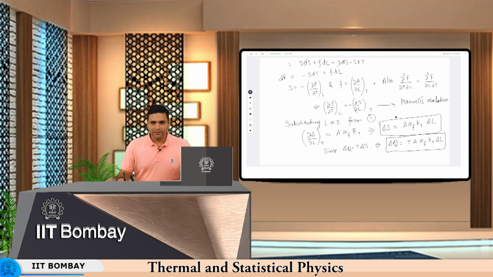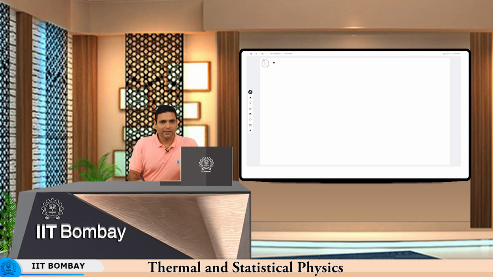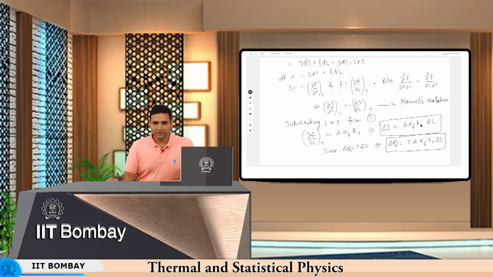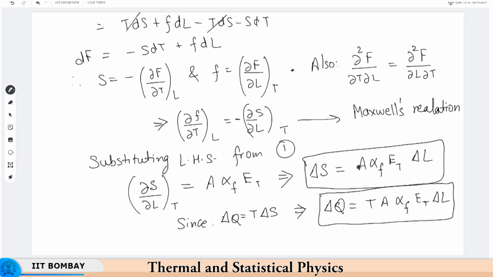Now let us see what the signs of these quantities are. Case number 1 is when alpha f is positive, and this is true for metal rods. Delta L is also positive since we are stretching the rod, E T is positive, the cross-sectional area is positive, and temperature is positive. So the only parameter changing sign is alpha f.